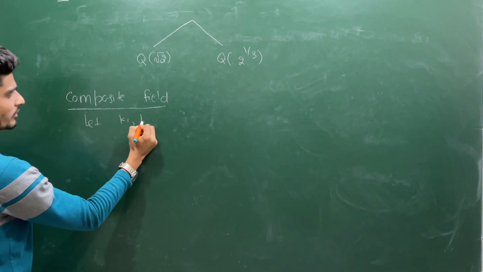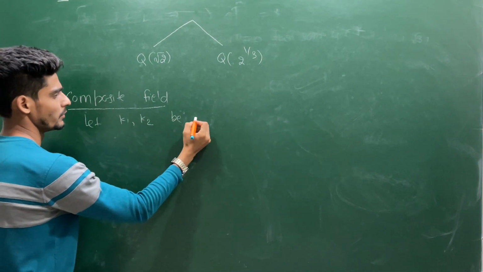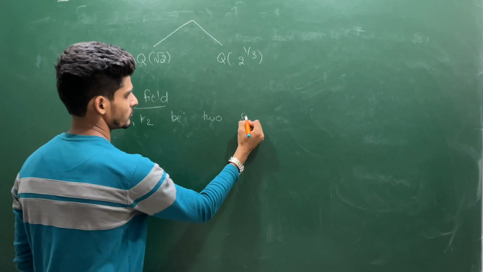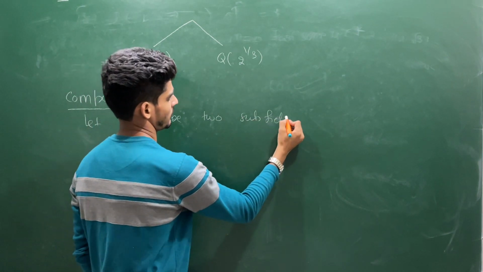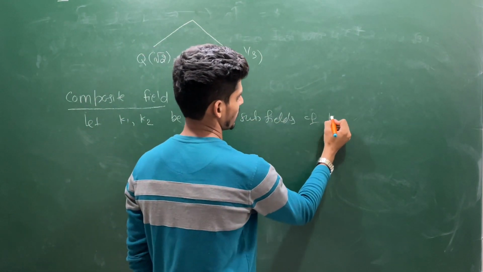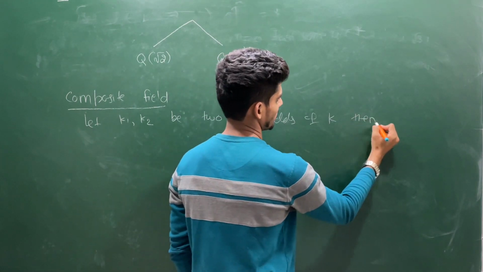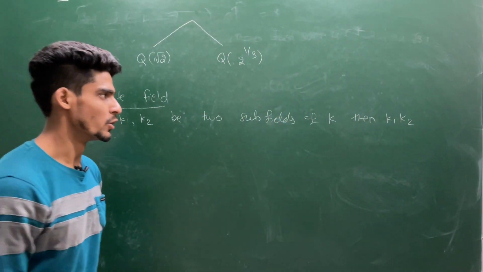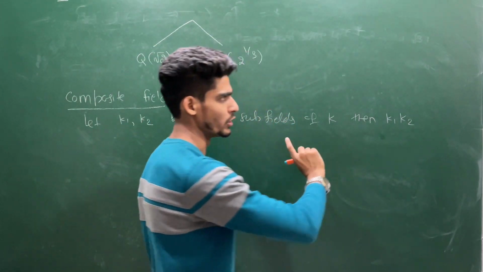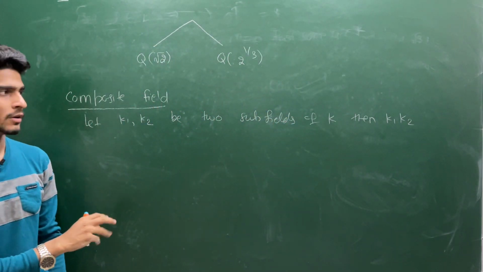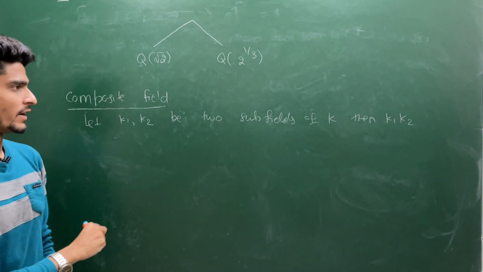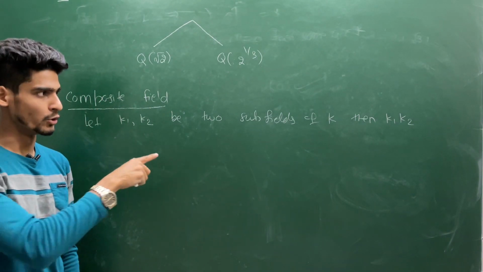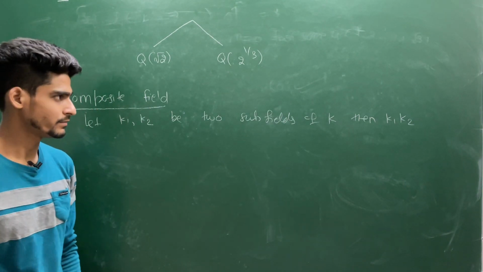Composite field. Let K1 and K2 be two subfields of K, then K1K2, this is the notation I am using from the Dummit and Foote book. All the notation I will be using is from Dummit and Foote; if I give you content from any other book, the notation will still be uniform for me.